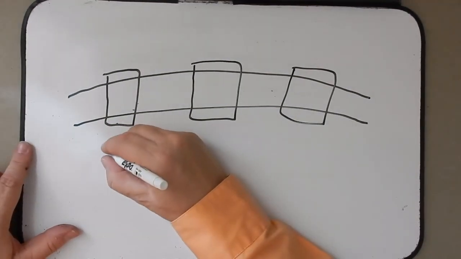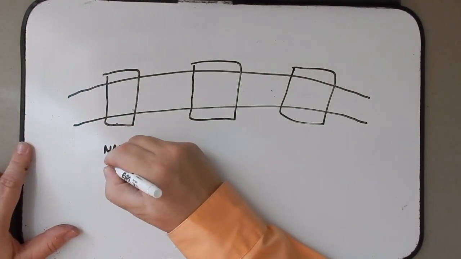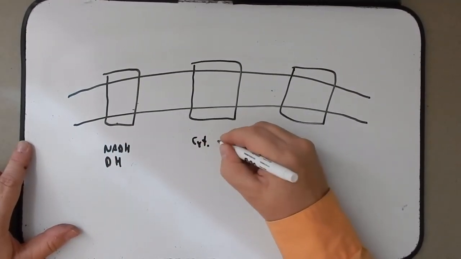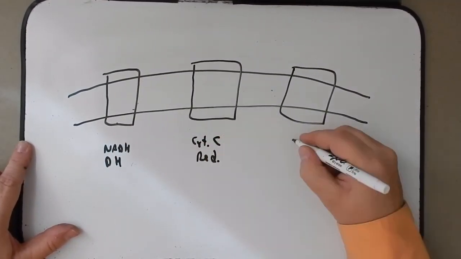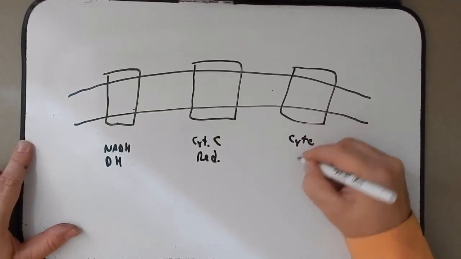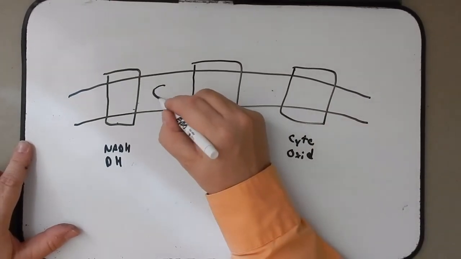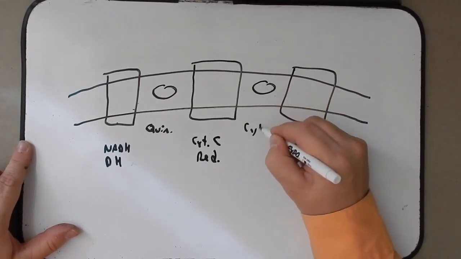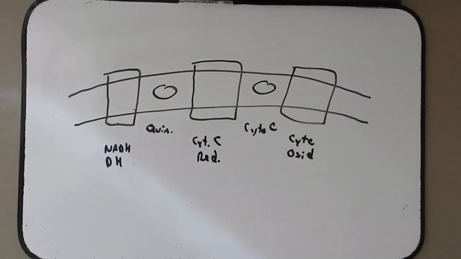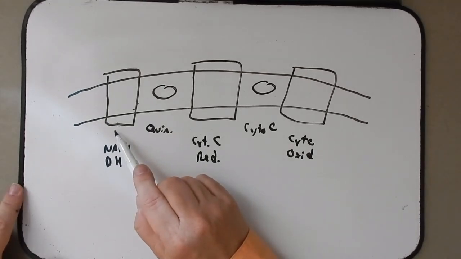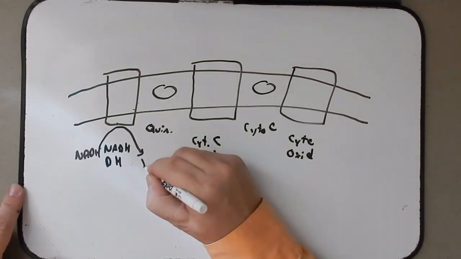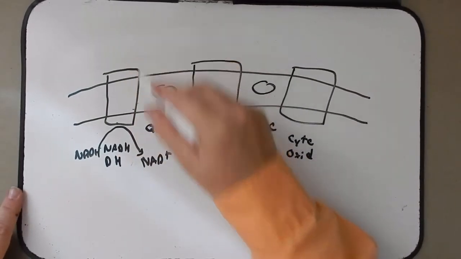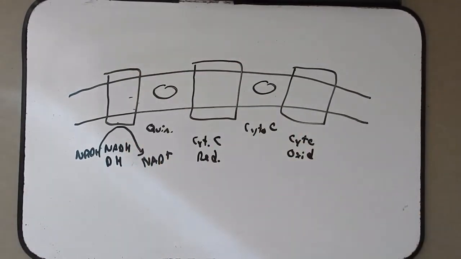So I'm going to write down here NADH dehydrogenase, so DH, and then cytochrome C reductase, and then cytochrome C oxidase. We also had the quinones, and we also had the cytochrome C. And I mentioned to you that NADH enters here to generate NAD plus, to move the protons across here, and then to transfer the electrons down the way.